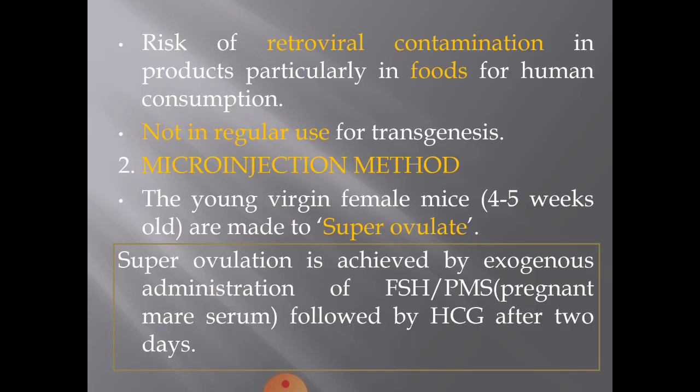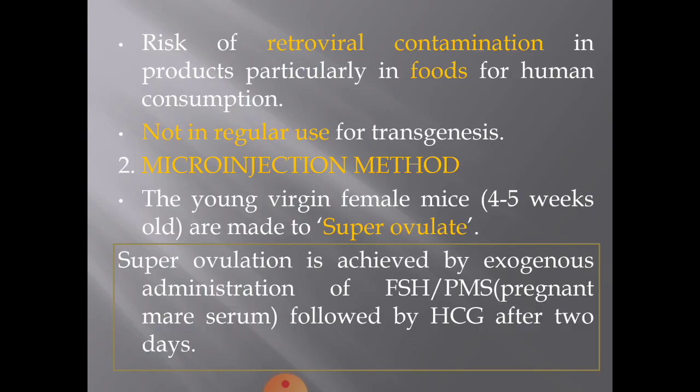So what you will do? You will take young virgin female mice. You will give the injections of either FSH or PMS. All dosages need to be fixed and maintained very thoroughly.